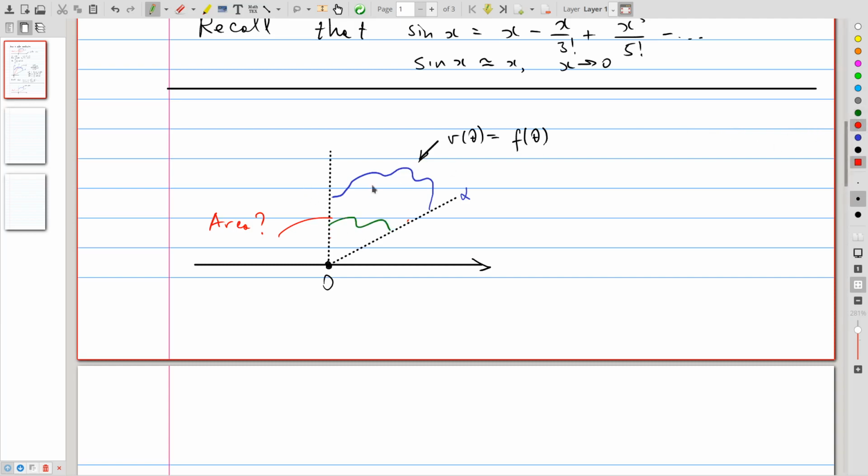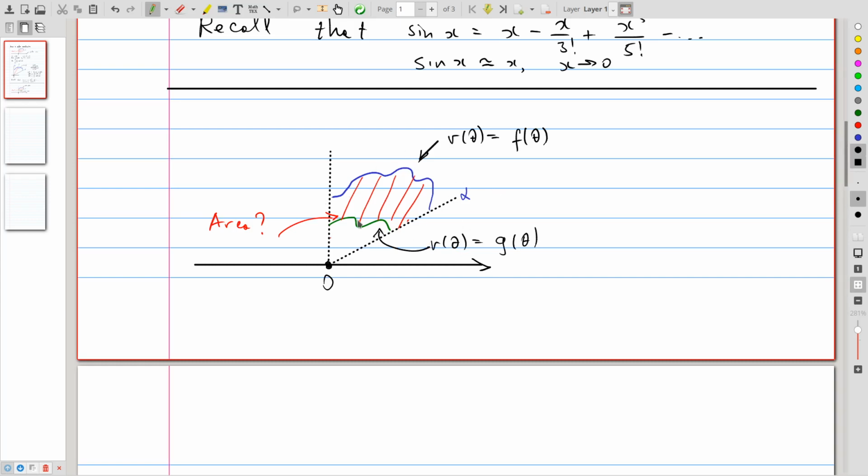And then the area we'll be interested in will live between these two curves. The inner curve will be given by the equation r of theta equals, say, g of theta.